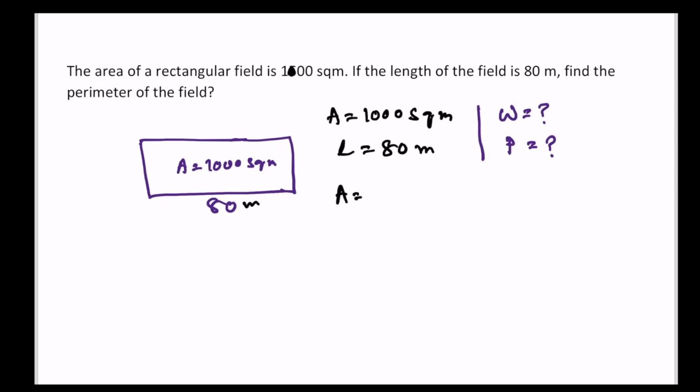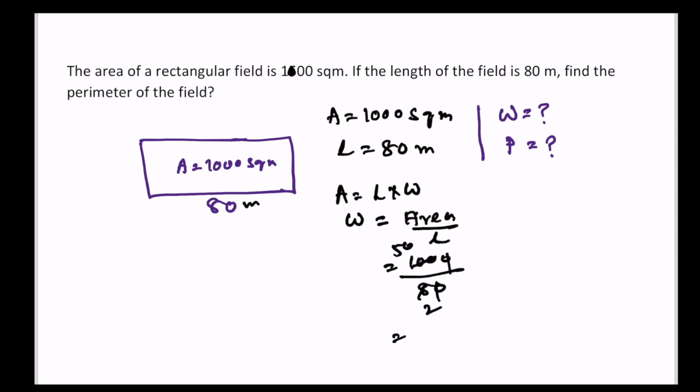Area is equal to length into width. So width is equal to area divided by length. Here it is 1000 divided by 80. I'm doing the calculation. 50 by 2, which is 25 meters.